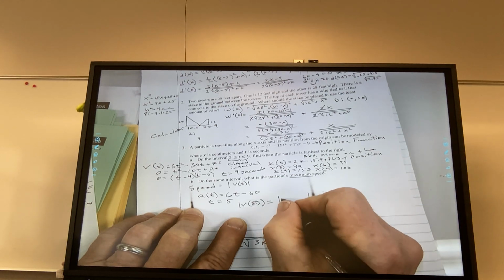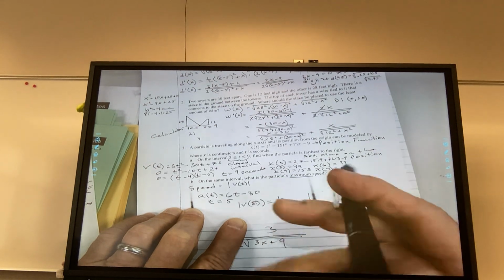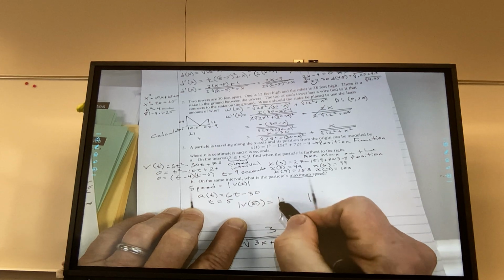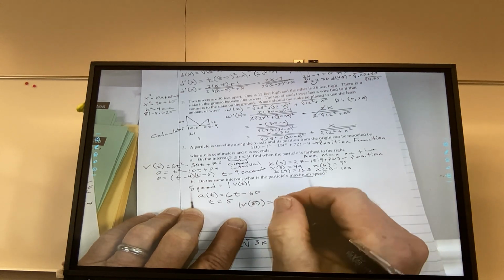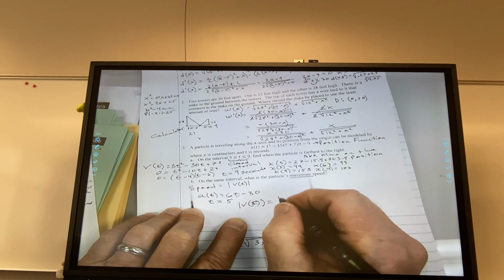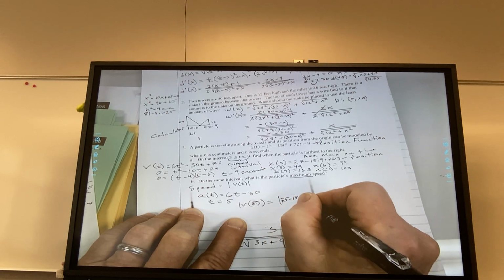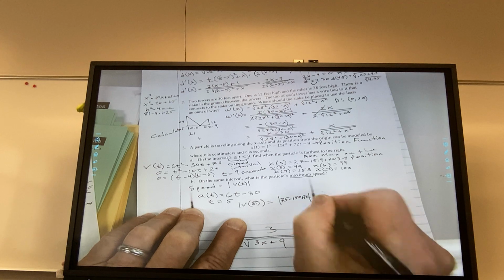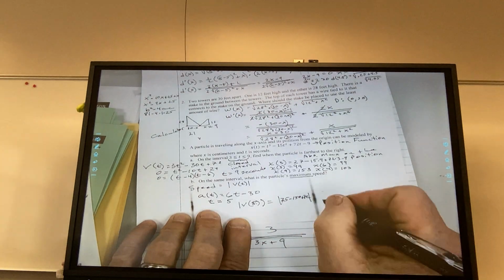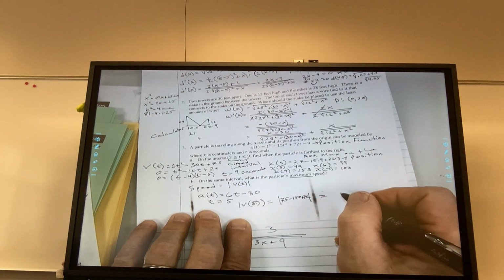And I get 3 times 25, I get 75, minus 150, plus 72, and what do we get?